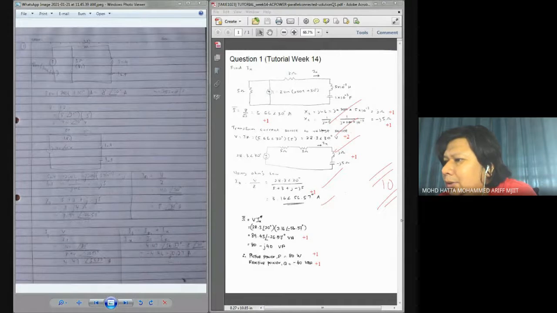In my solution over here, I don't have the value of my Z. However, if this is a correct value, suppose that using this... I don't know why you calculate this part, IR1, but basically this part is redundant.